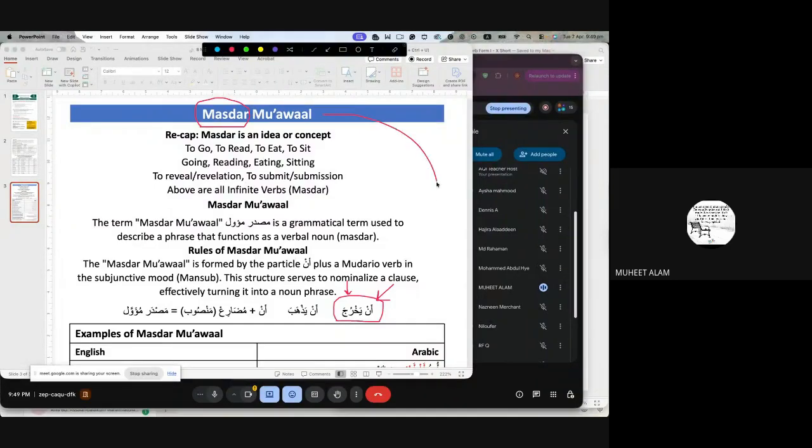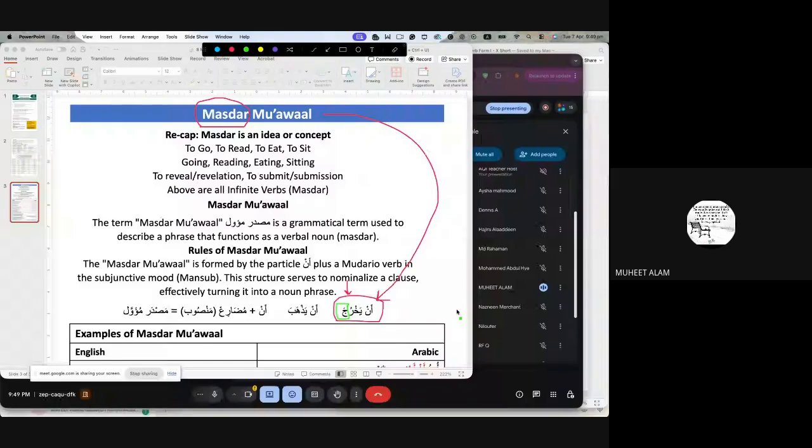The answer is: an plus a muḍāriʿ verb in the mansūb state. In other words, an plus muḍāriʿ mansūb works as a masdar muawwal. So what is a masdar muawwal? It is the phrase which functions as a verbal noun.